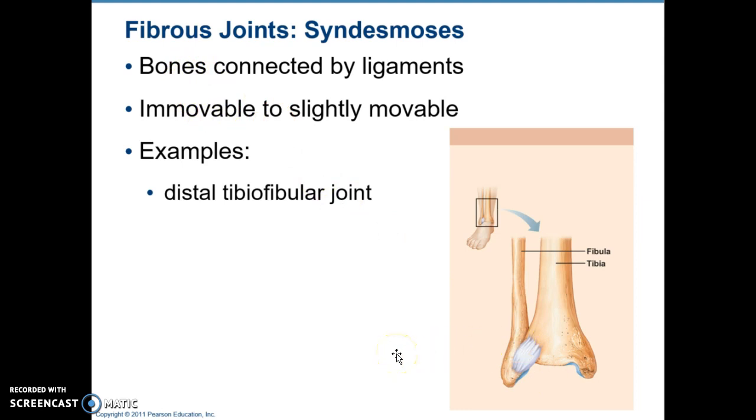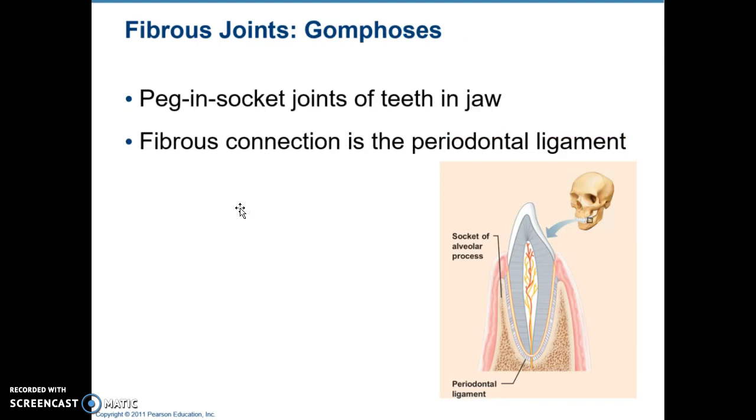There is only one in the body that I am aware of, which is the distal joint between your tibia and your fibula. So the distal tibiofibular joint would be your only syndesmosis. Then you have gomphoses, which the book describes as a peg and socket joint, and this is how all of your teeth are stitched into your jaw. So those are your 3 fibrous joints.